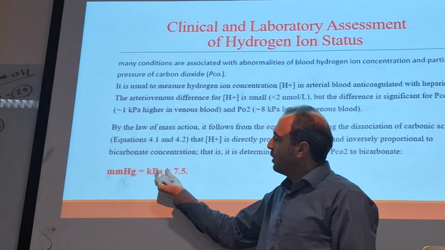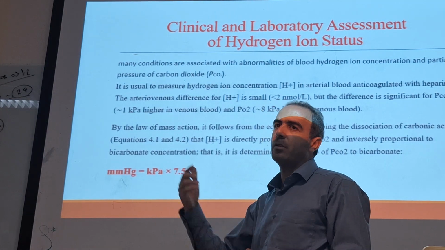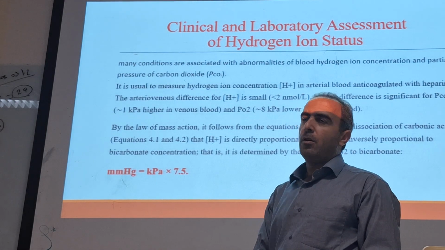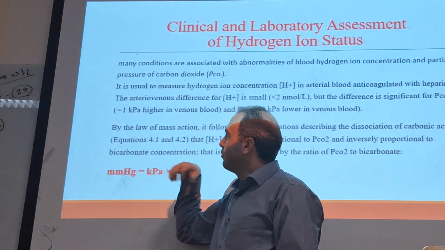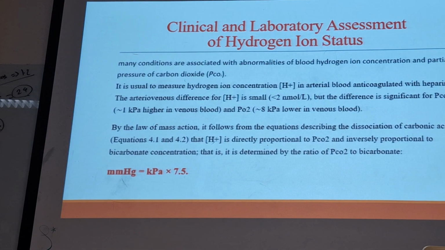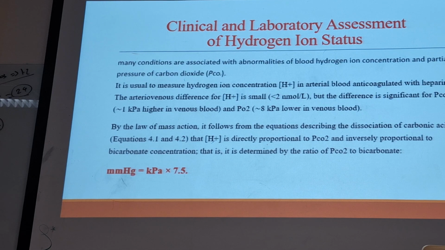If you multiply kilopascal by 7.5, it is equal to millimeter of mercury. But millimeter of mercury is routinely more common in comparison to the kilopascal.